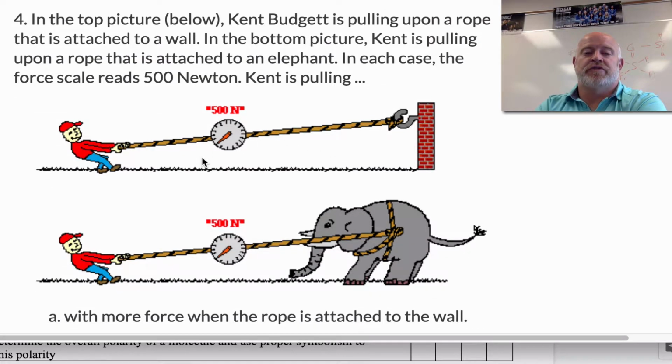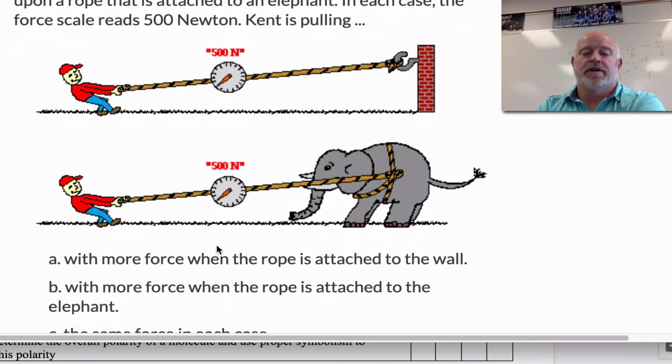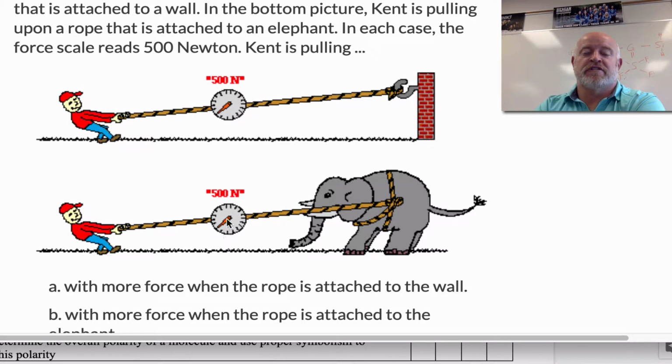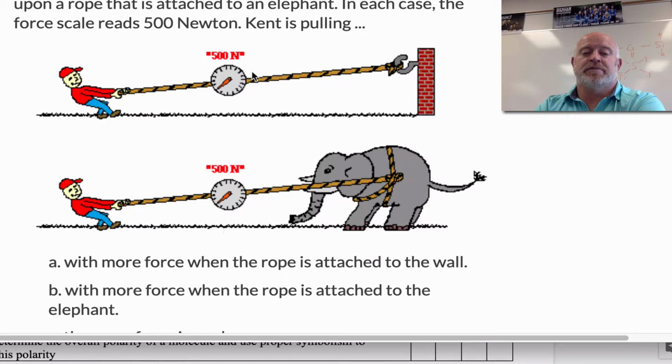We have two examples here where this person is pulling with 500 newtons of force, where we have 500 newtons on the scale, I should say. So in both examples, we ask the question, is this person pulling with the same amount of force, or is the force he pulls here less or more when the elephant is pulling back against it?